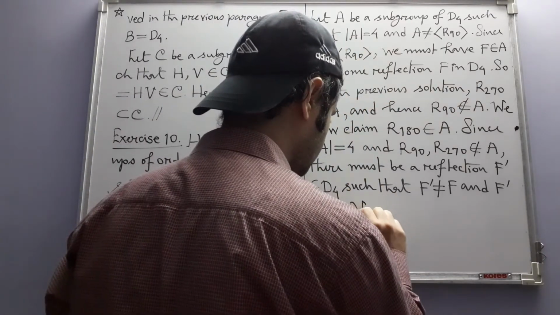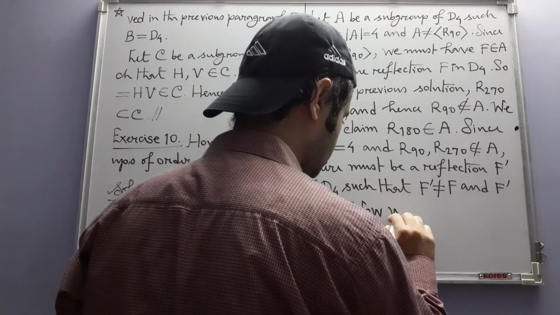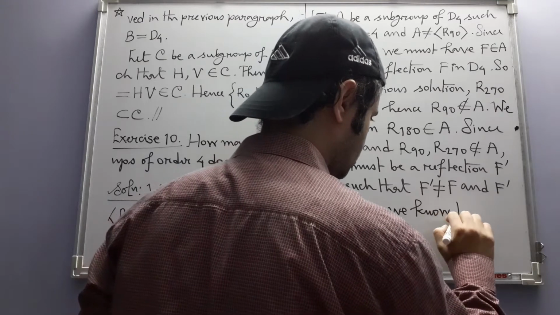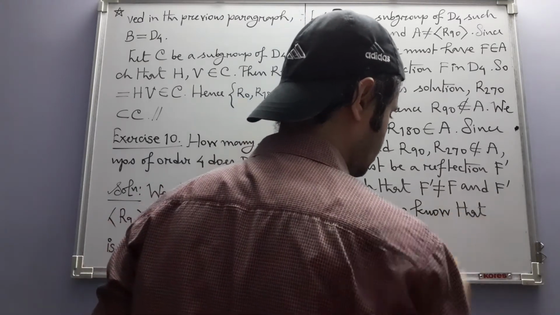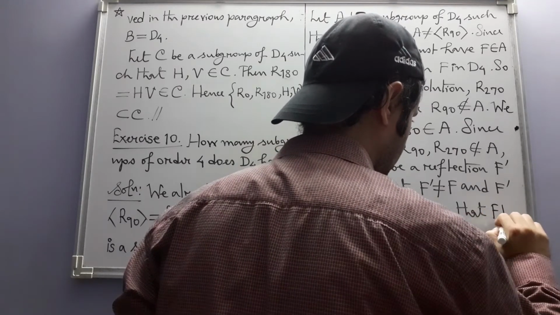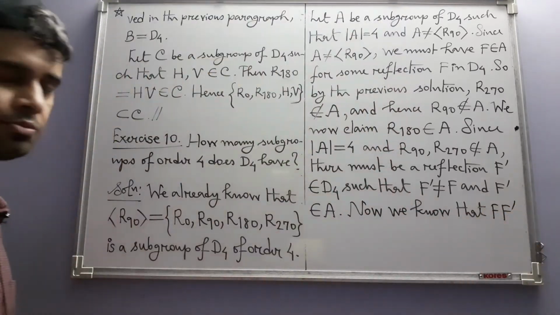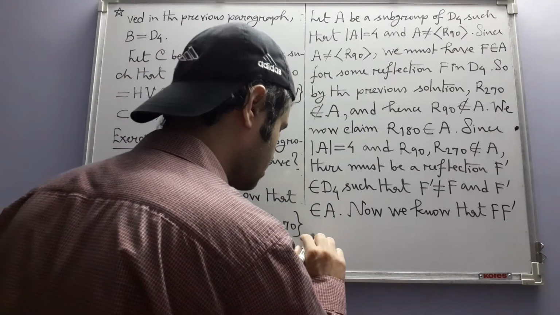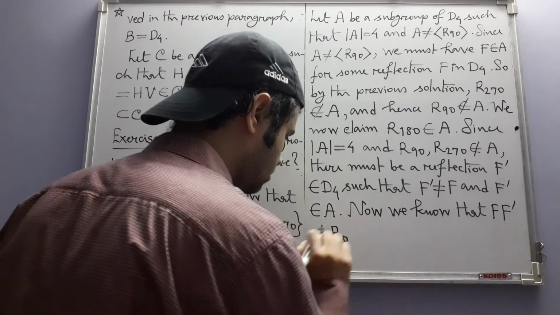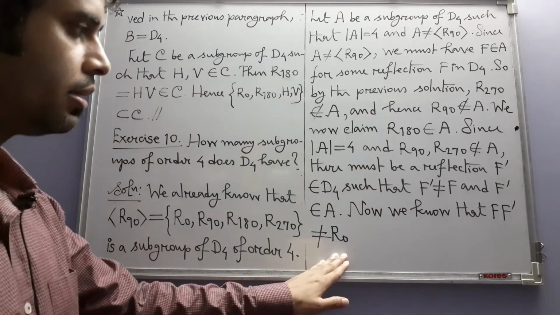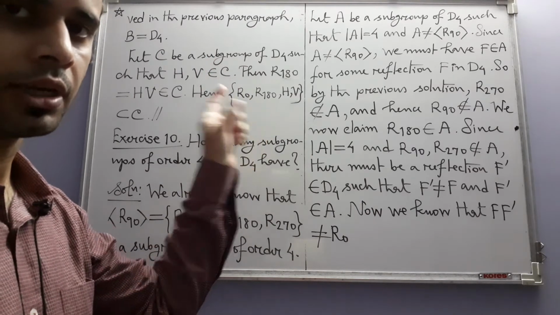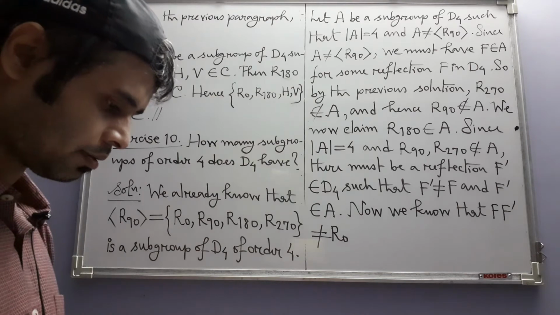Now we know that f prime is not equal to R0. This is actually a result from the previous set of exercises, I think. Am I correct?